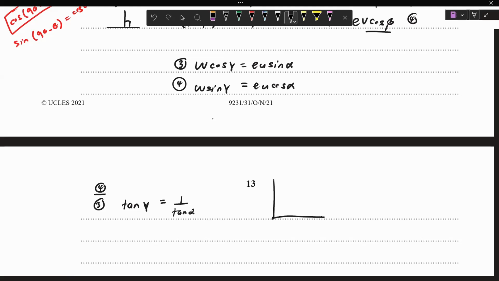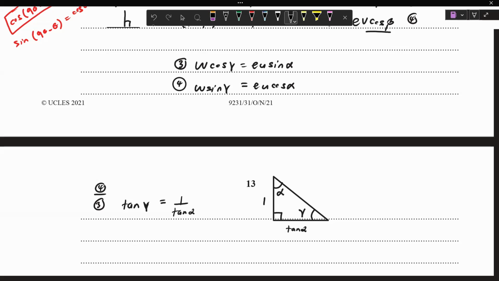So we now have things like this, and this is a right angle. This angle is gamma, because they say tan gamma. If this is gamma, then this has to be 1, and this has to be tan alpha. If we say tan alpha, it means this angle has to be alpha.